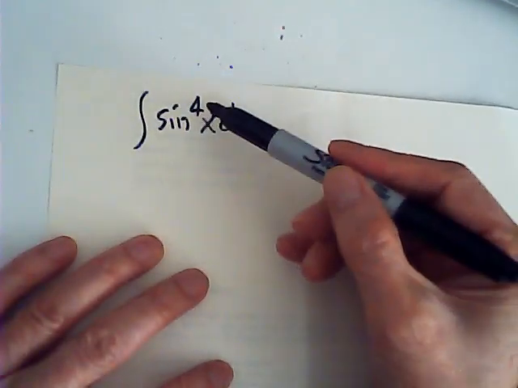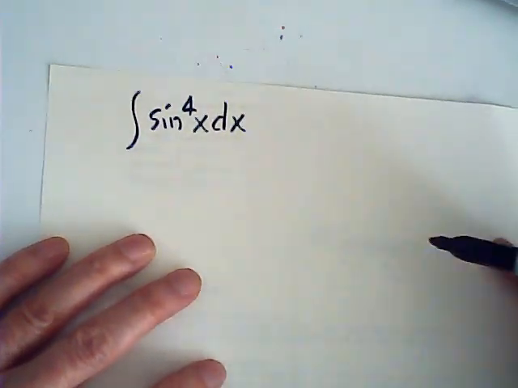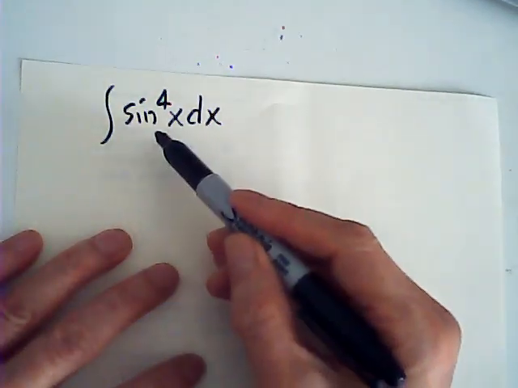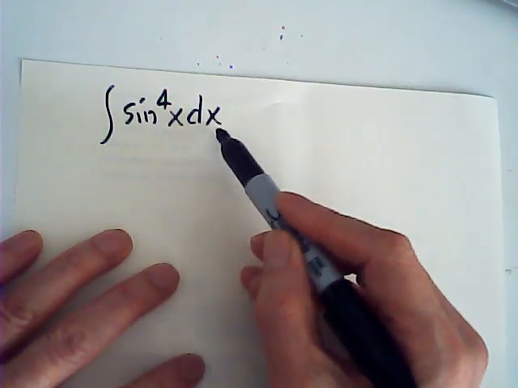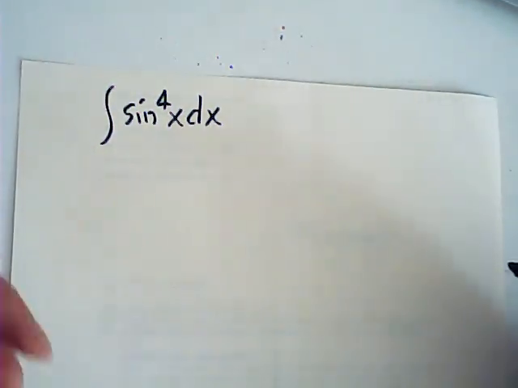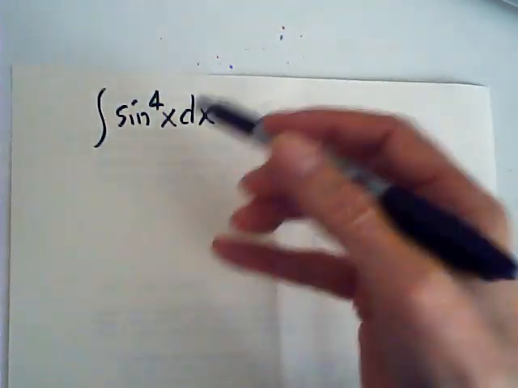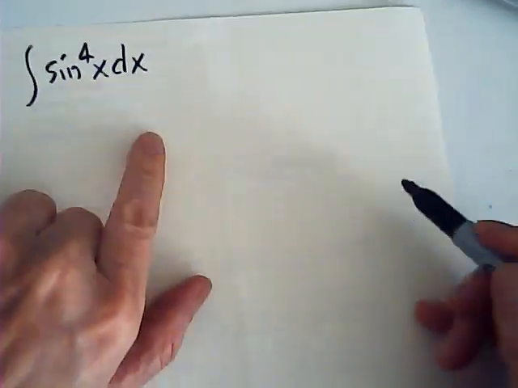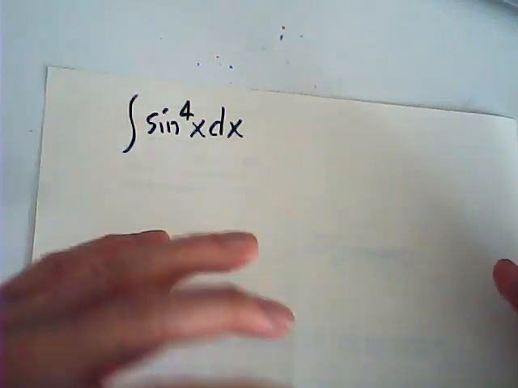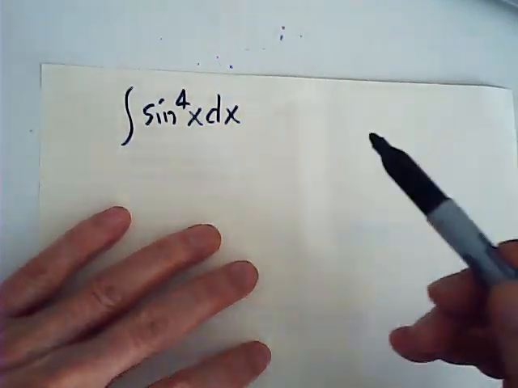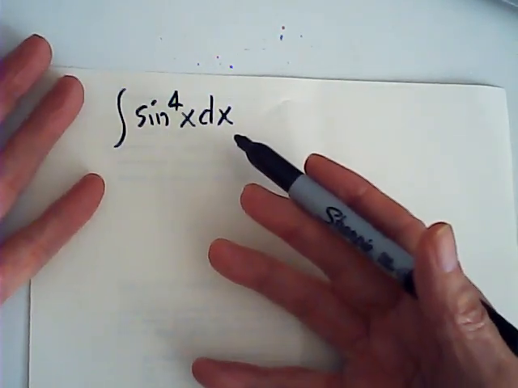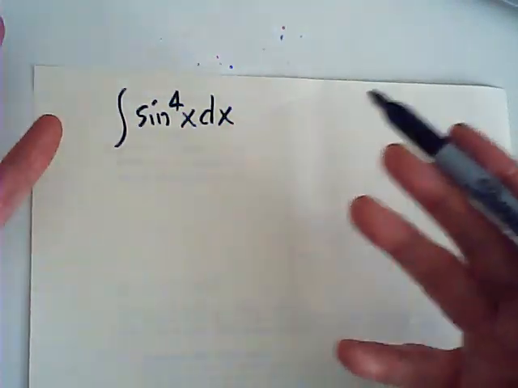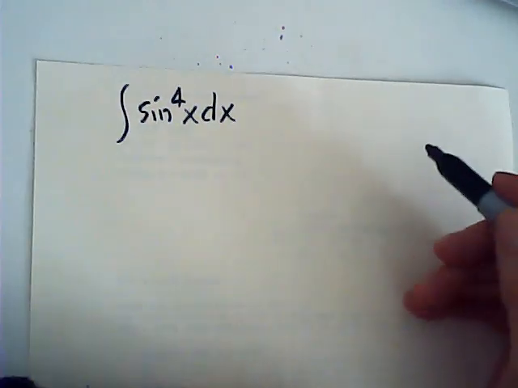Reduce the power means reduce the fourth into lower power. Change the structure means I change x into some variable which dissolves the sine function. Of course, you need some experience. Here I have nothing to do but to reduce the power.